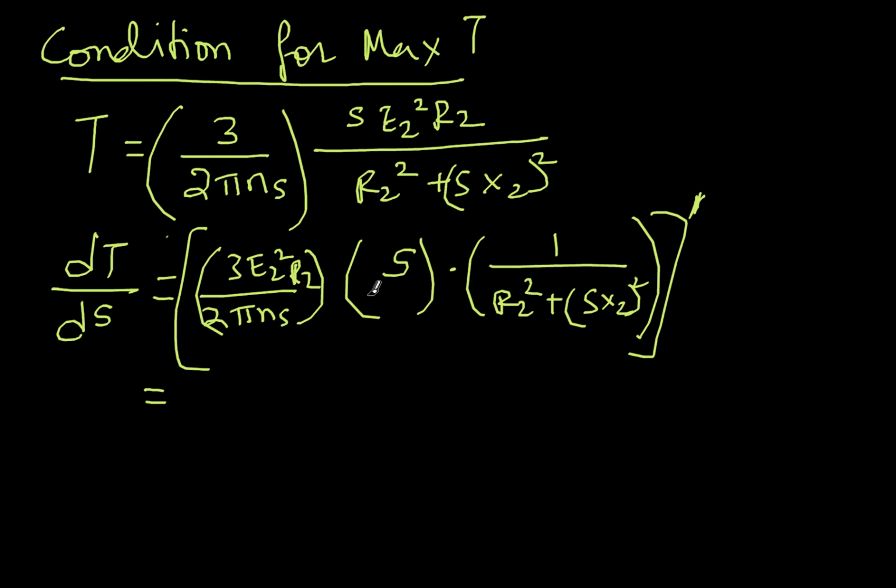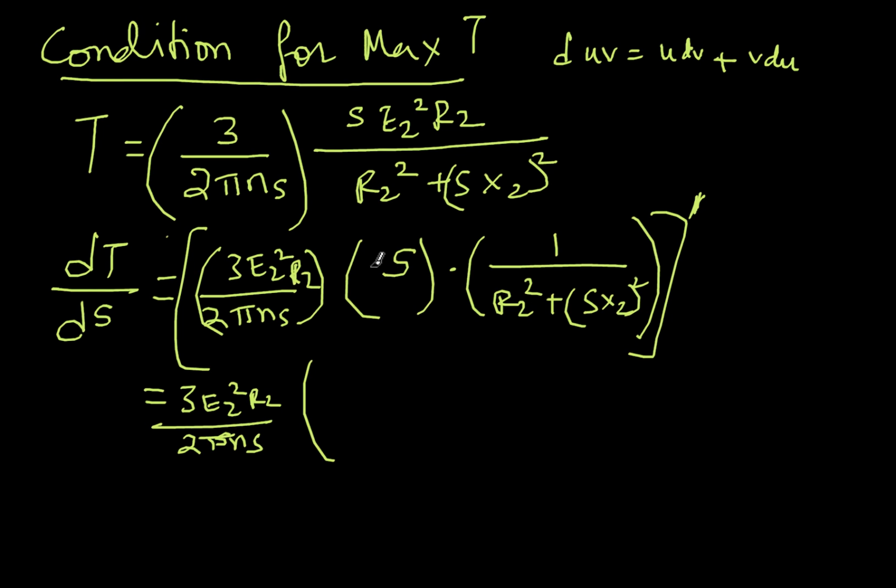Now the UV rule: differentiation of UV is U dV plus V dU. That's what we'll apply here. The constant I'll put like this, 3E2 square R2 by 2 pi ns. Now differentiation of S is 1, and this term comes as it is, R2 square plus Sx2 whole square.